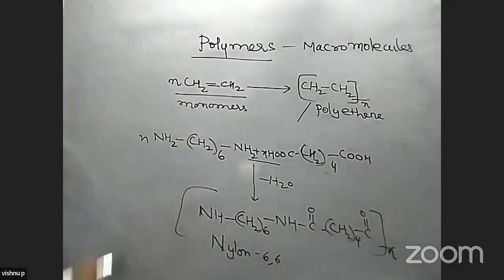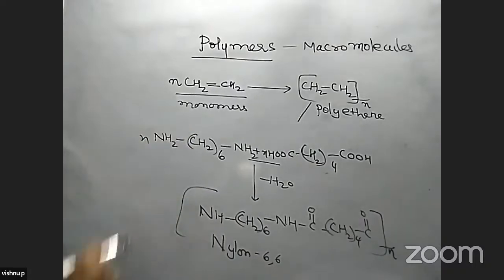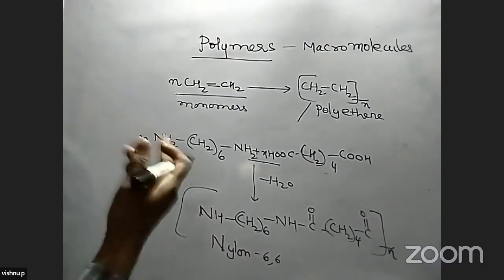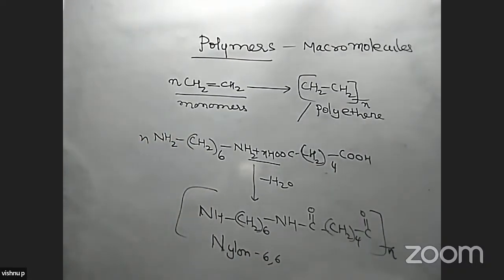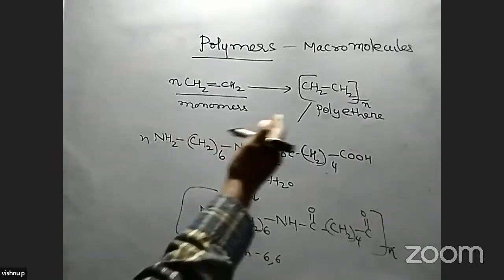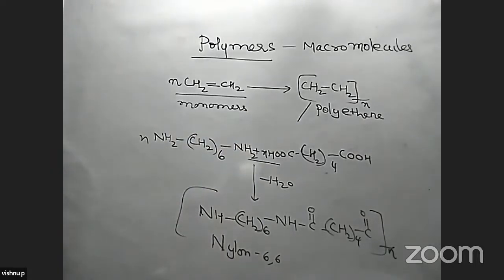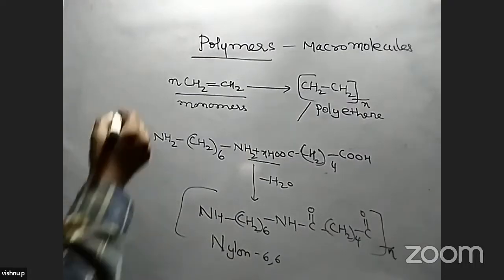So when you compare these two, in the first compound the monomer units are the same, but in the second compound the monomer units are different. The first compound is formed without losing any water molecules or any other molecules, but the second polymer is formed by losing some water molecules.